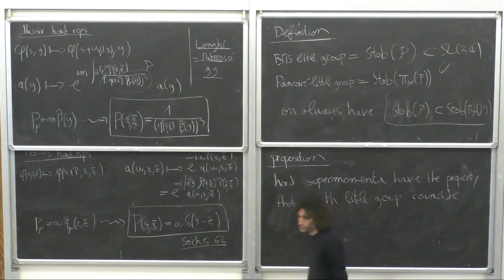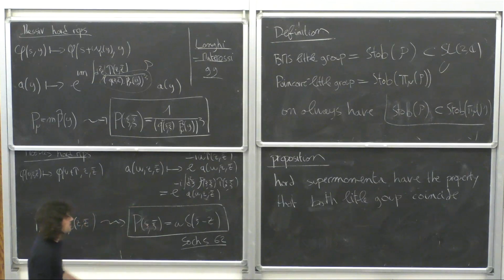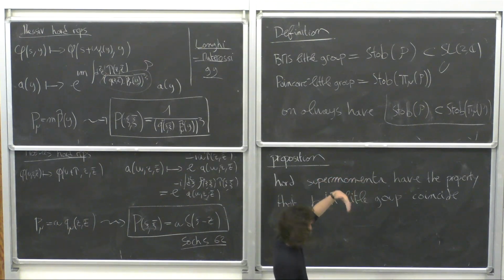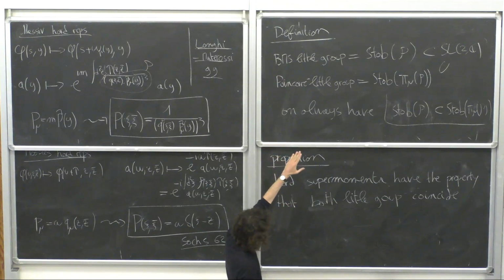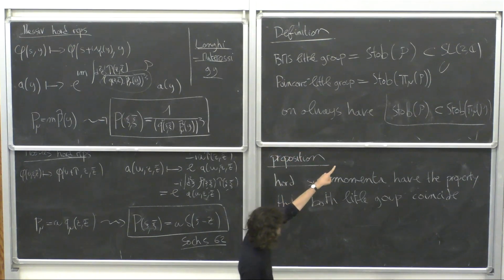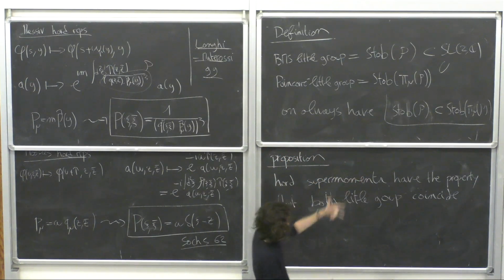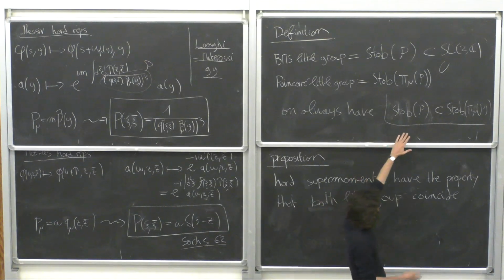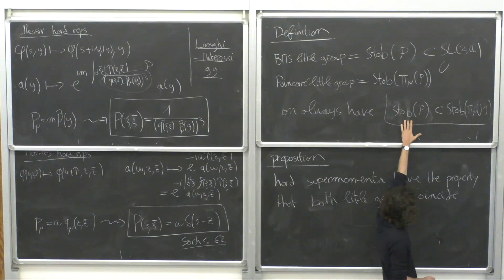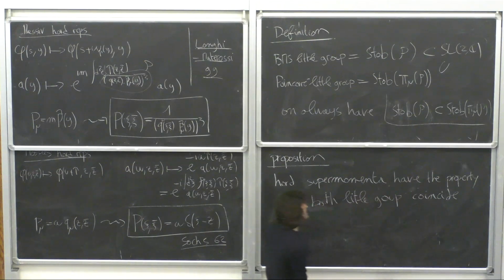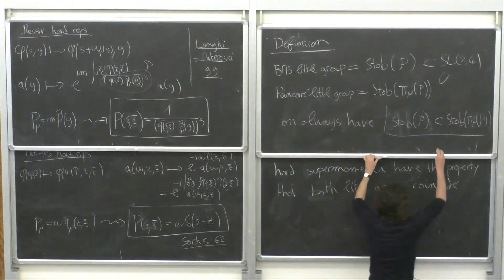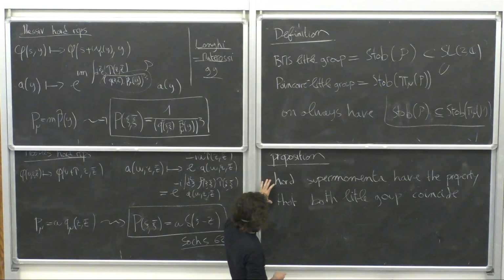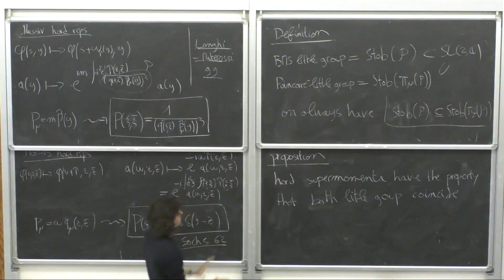Yes, it's a very strong property. A priori, for a supermomenta, the stabilizer of the supermomenta could be zero. Most of the time, if you pick a generic supermomenta, the BMS little group will be zero. However, when you project on its momenta, the momentum will always have the Poincaré little group. So for the vast majority of BMS representations, this subgroup is very small, and it's strictly inside. But for the hard representation, there is something very special happening, that both little groups are the same.